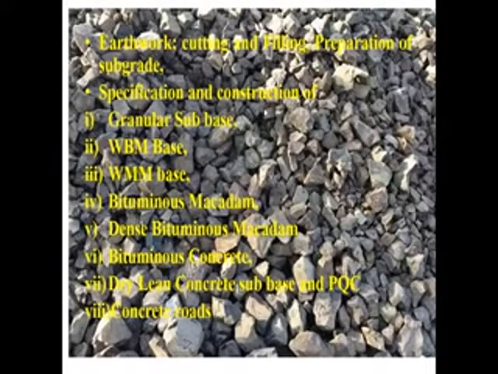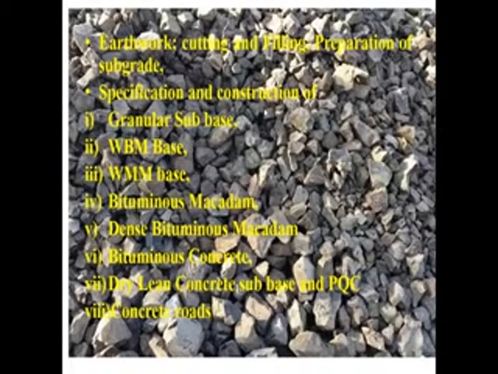If you understand any one procedure, all the remaining construction procedures will be similar, but different types of equipment will be used, and different limiting ranges will be there. Like the aggregate impact value will be less than 30% for your topmost layer, that is the surface course, isn't it?